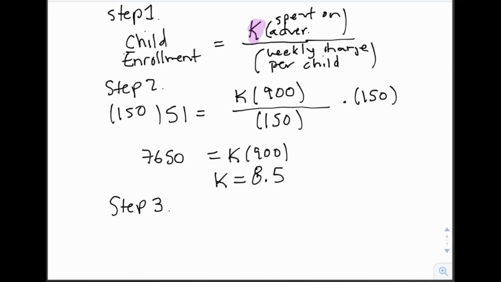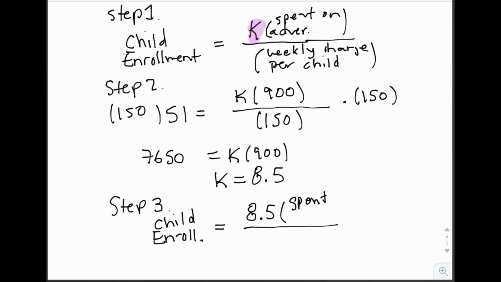So we know that our child enrollment is going to be equal to our top, we now have 8.5 multiplied by spent on advertising, and that's going to now be divided by that weekly charge per child.